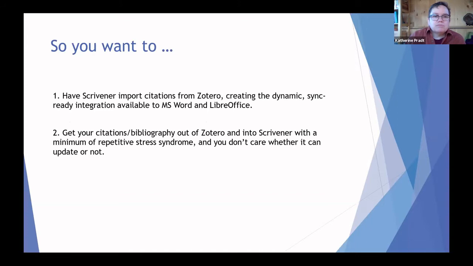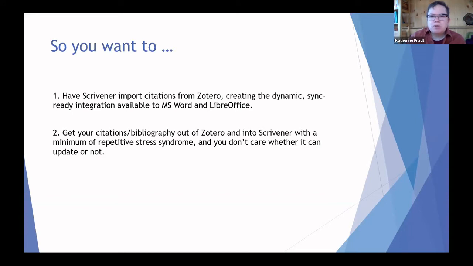And these are the two things that I'm assuming that people are looking for. You want Scrivener to import your citations from Zotero, and you want those citations to be dynamic and updatable. The way that you can plug in with Microsoft Word, it will do that.